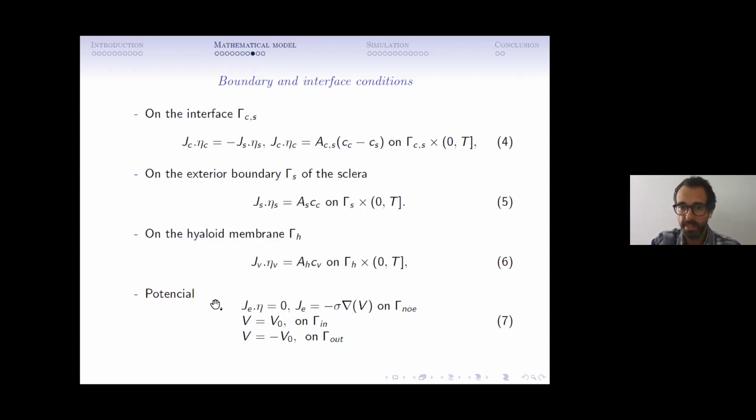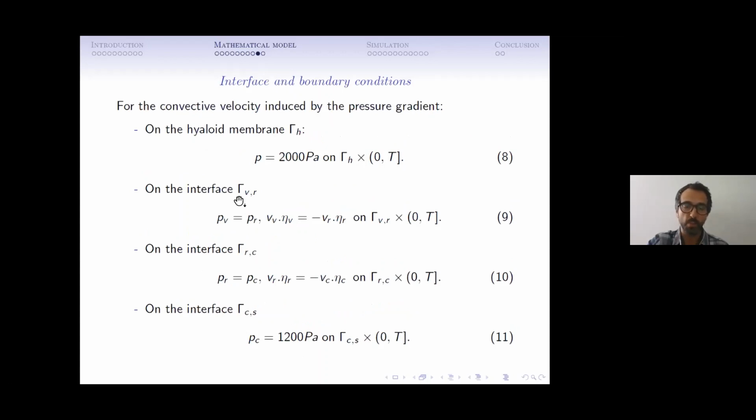To define the potential, we need a boundary condition where we consider a positive voltage, V0, in the yellow part of the geometry that I showed you before, and minus V0 in the negative part, that is the blue part. So, to solve the problem of Darcy's law for the aqueous humor, we defined the pressure on the top of the geometry, that is 2000 Pascal.